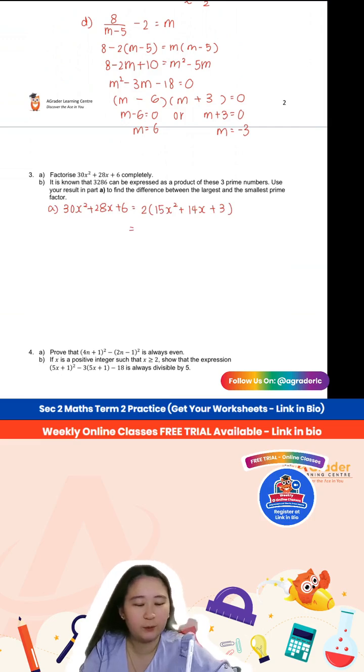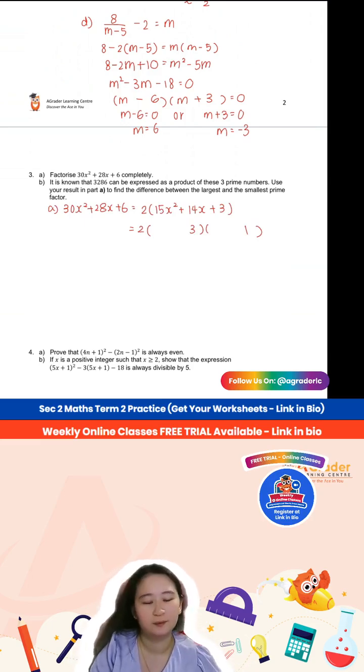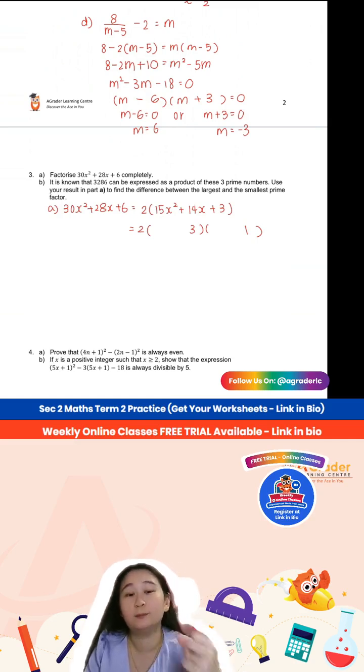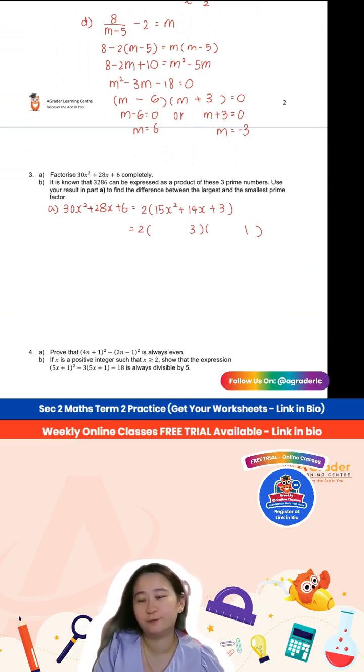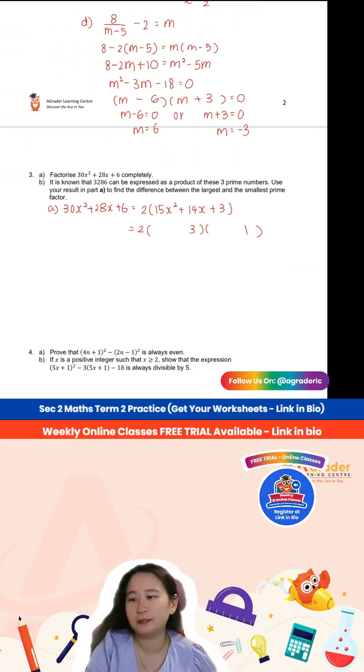Then from here, we factorize further. So 3 can only come from 3 times 1. Now for 15x squared, the pairs can be 1 times 15 and 3 times 5. So which pair will fit better? We want 14 in the middle.